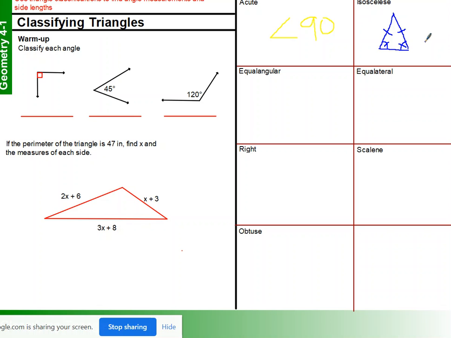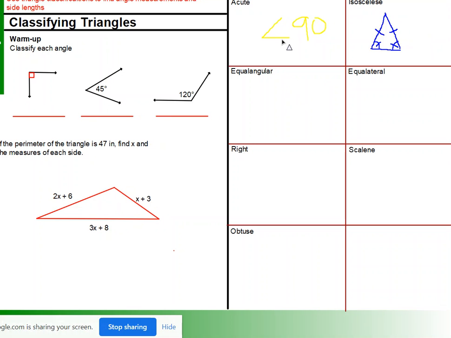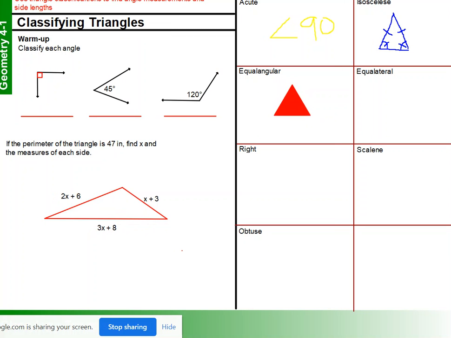All right, what about an equal angular triangle? What do you think an equal angular triangle is? All the angles are equal, right? Would that also be an equilateral triangle? Yes, it would.